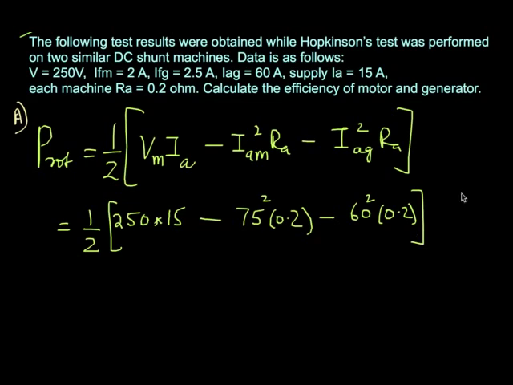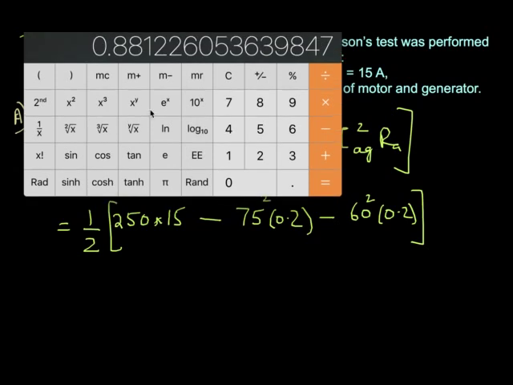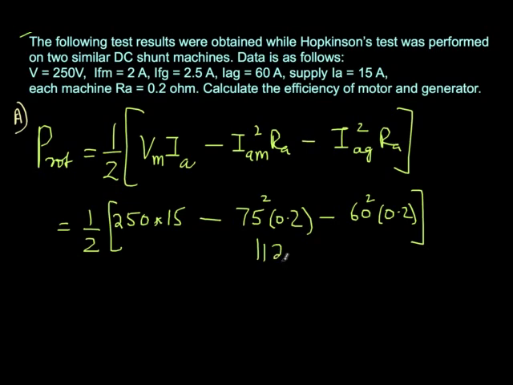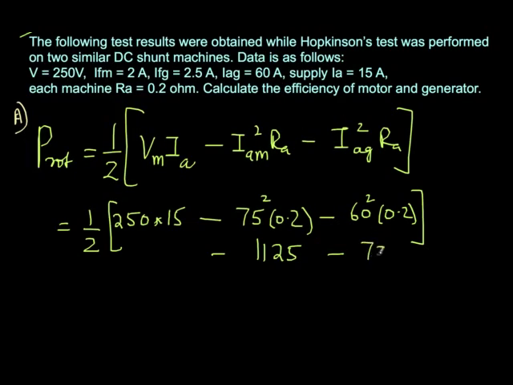So let's quickly do that. What I'll do is first I'll do 75 square multiplied by 0.2. So this is 1125. So minus and minus. Then I'll do 60 square multiplied by 0.2 again. So this is about 720.